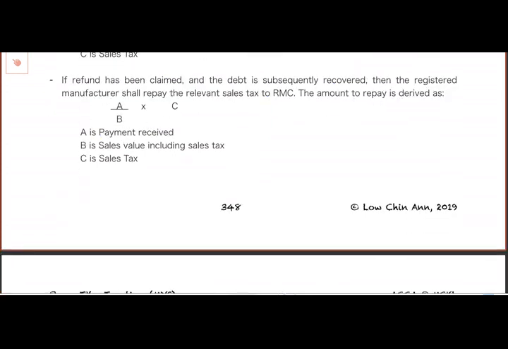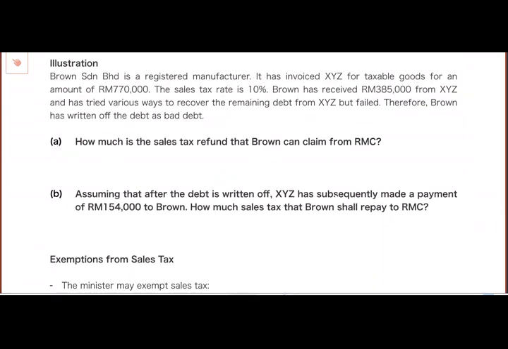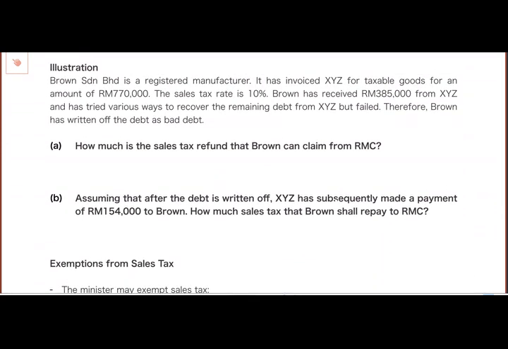It says that Brown is a registered manufacturer and has invoiced XYZ for taxable goods for an amount of 770,000.